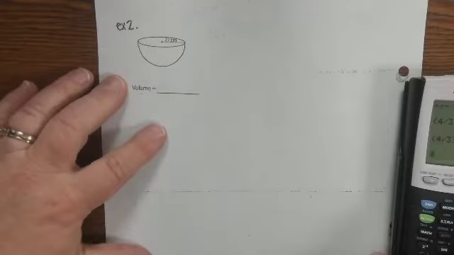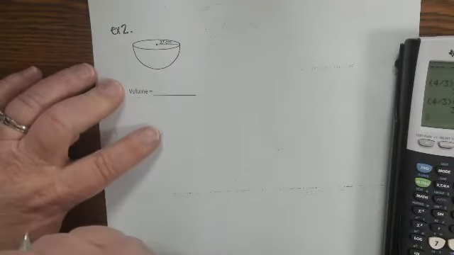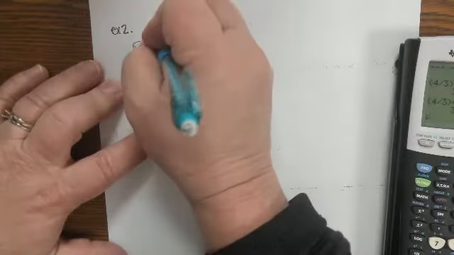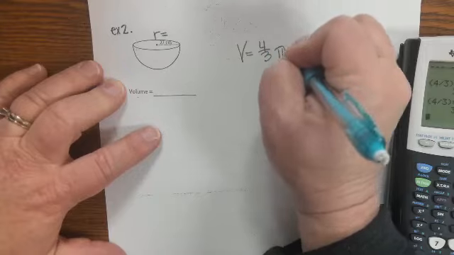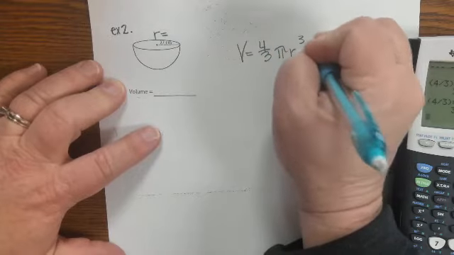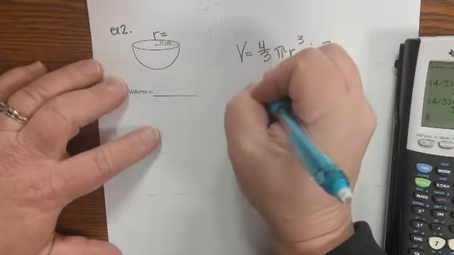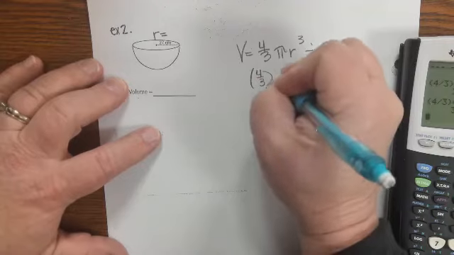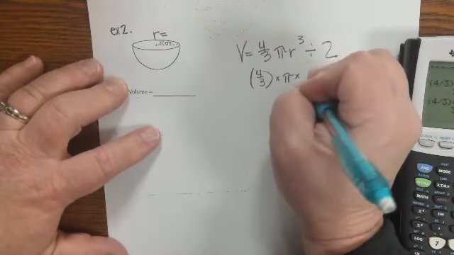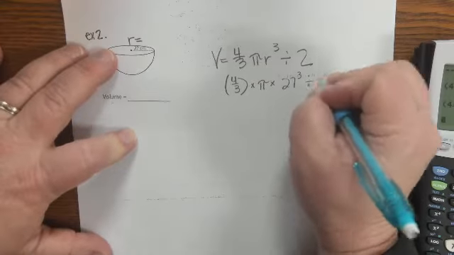Okay? All right, last one in your examples. Okay? Here we go. All right, is this R or a D? It's an R. Okay? V equals 4/3 pi r cubed divided by 2, because it's half of a sphere. Okay? I've got parentheses, 4/3 times pi times, my r is 27 cubed divided by 2.